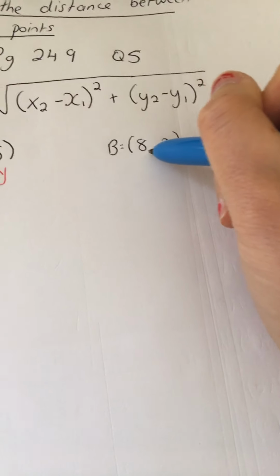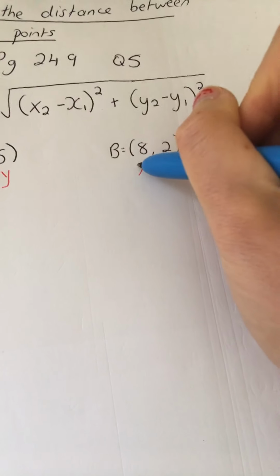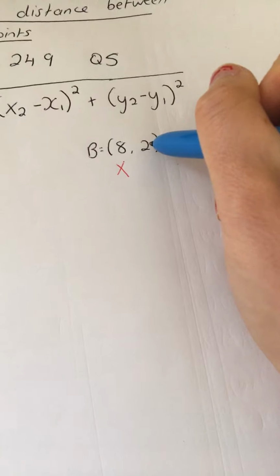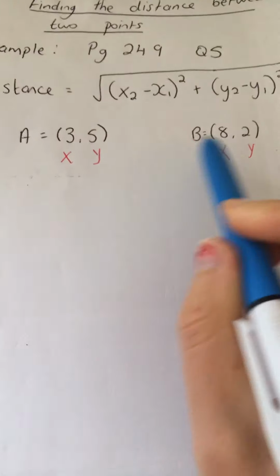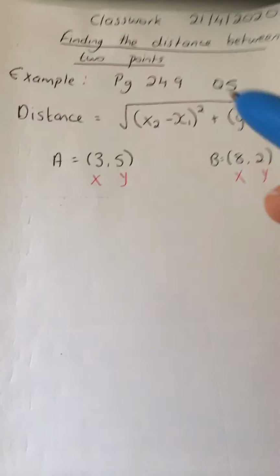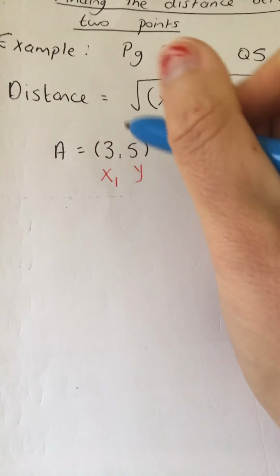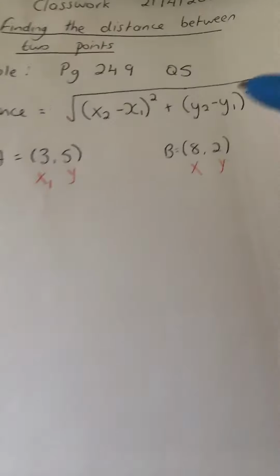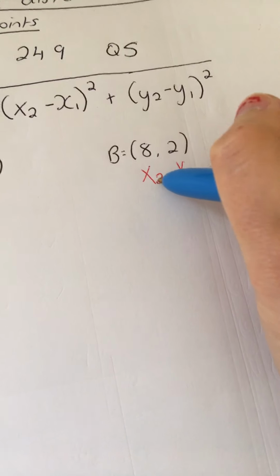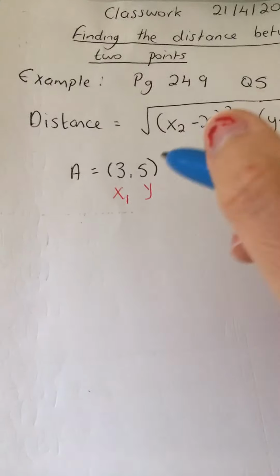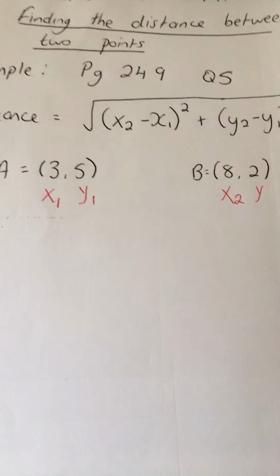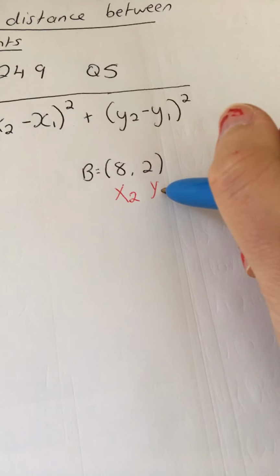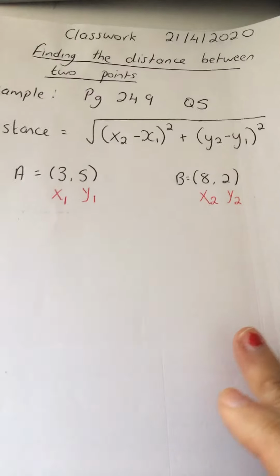Same over here. 8 is the first number, so it's the x part, and 2 is the y part. Okay, and just to distinguish between those two x's, I'll call this x1 because it's in the first point, and I'll call this x2. And this is y1 because it's in the first coordinate or point, and 2 is y2.